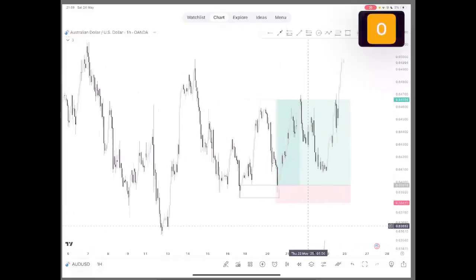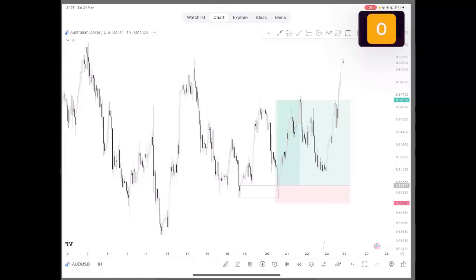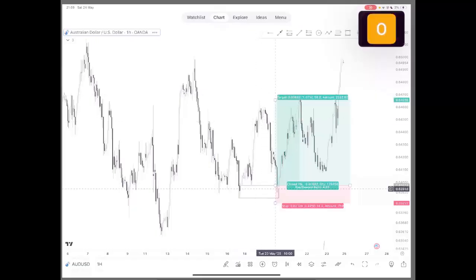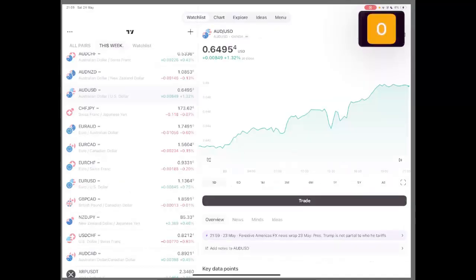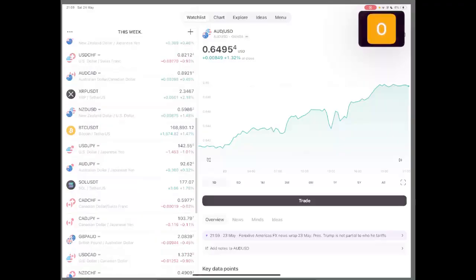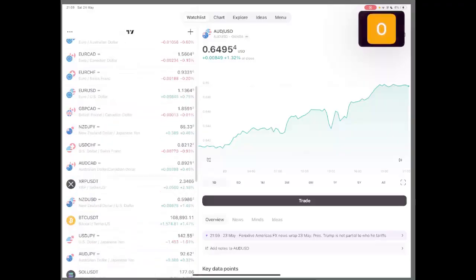Our type B model, price swept liquidity and gave us the inducement before breaking out, came back to mitigate and continued to the upside, and still came back to use the inducement level that I created at first as a claim block to put in a new high. So it was like two buy opportunities that I missed out on. And then the one I executed was the USD, which is this one.